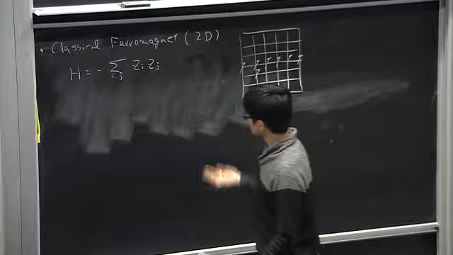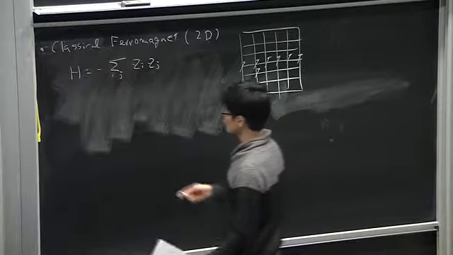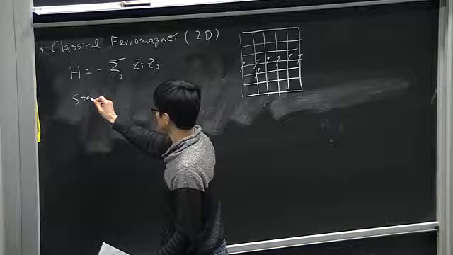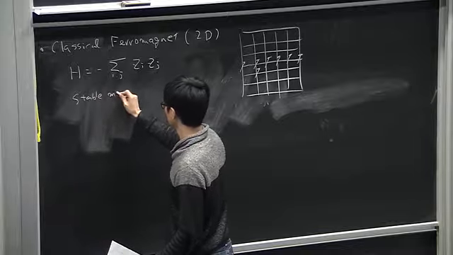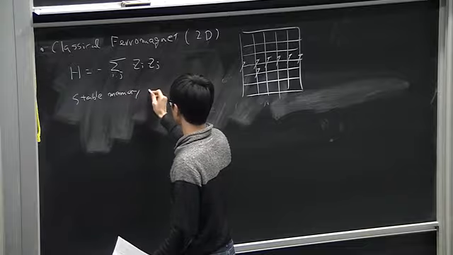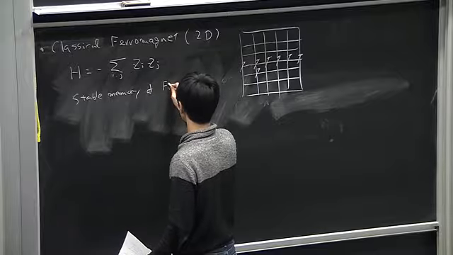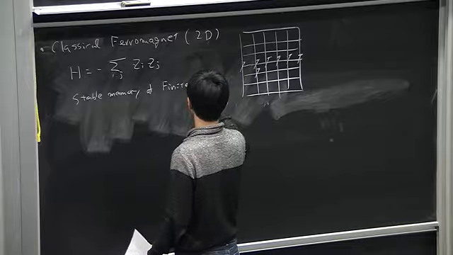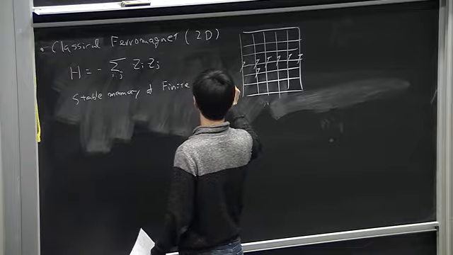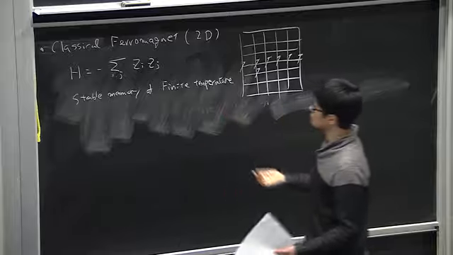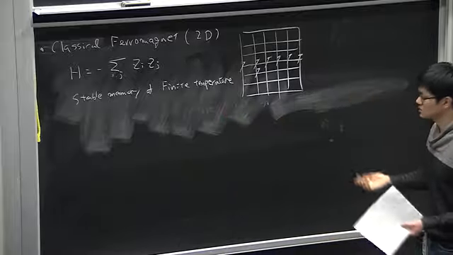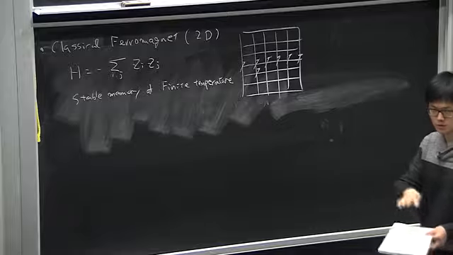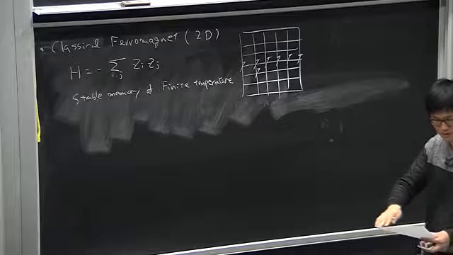So this is basically a magnet. But the point here is that this classical ferromagnet is actually a stable memory at finite temperature. So when we talk about code word subspace, we typically think about zero temperature subspace, mainly ground states.